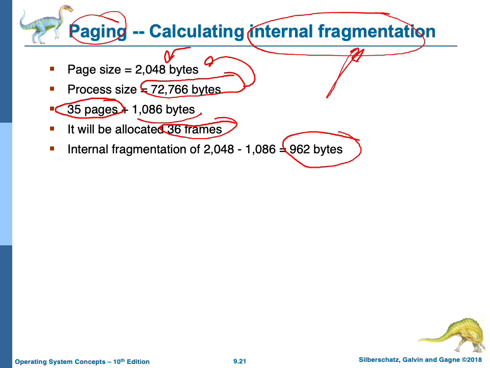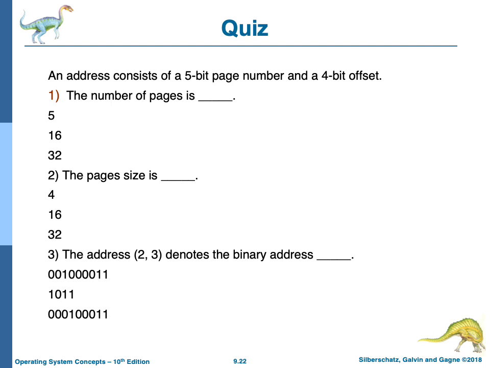That's wasted storage. So if an address consists of 5 bits for the page number, right? So if we have a page number with 5 bits, and if we have the offset W with 4 bits, then the number of pages will be how much? So automatically we're going to look at the page number.